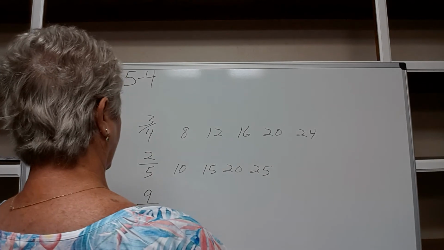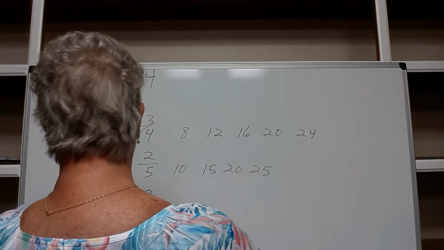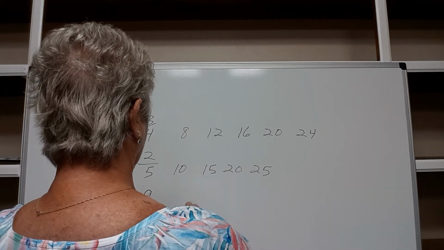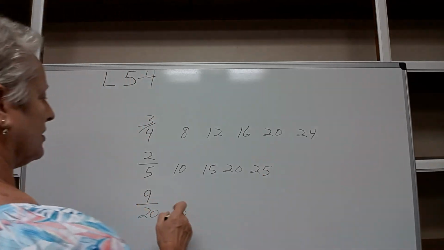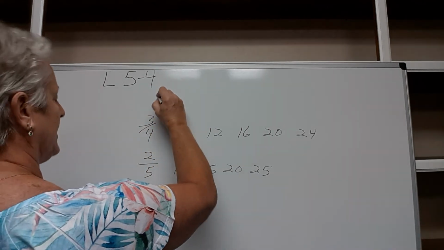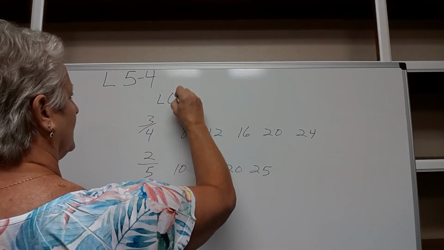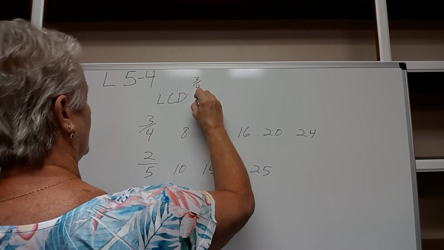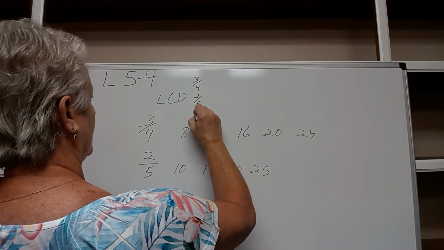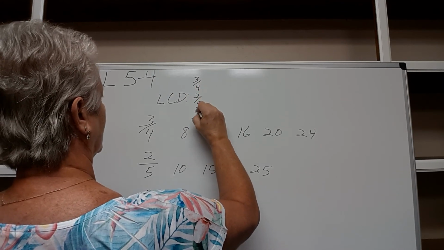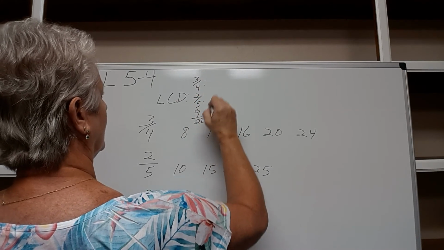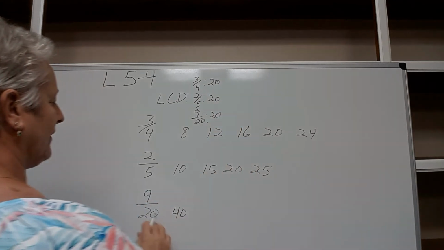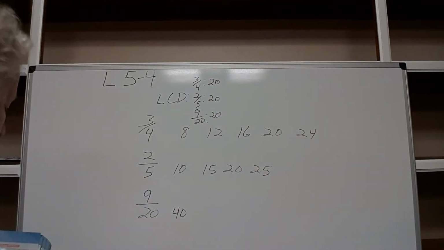We'll stop right there. And then this one is 20. It could be 40 because it jumps way up. So the least common denominator for 3/4, 2/5, and 9/20 is 20. Even though that is part of that fraction.